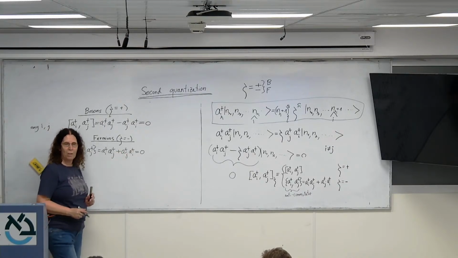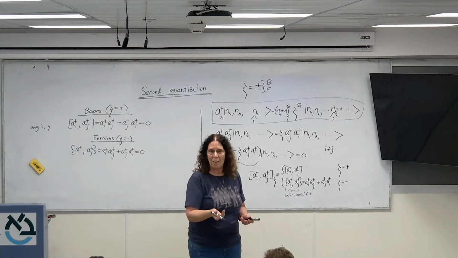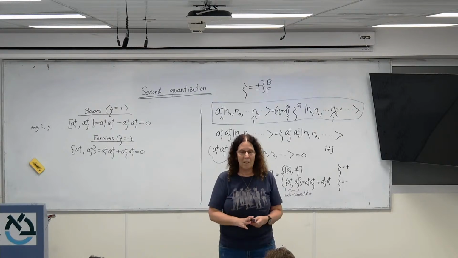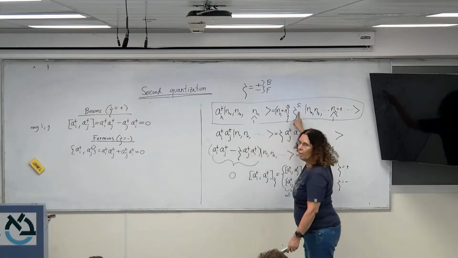So you pick up a minus sign every time you exchange fermions, and this is exactly the anti-symmetrization. Okay, so you see, it all comes from this string.